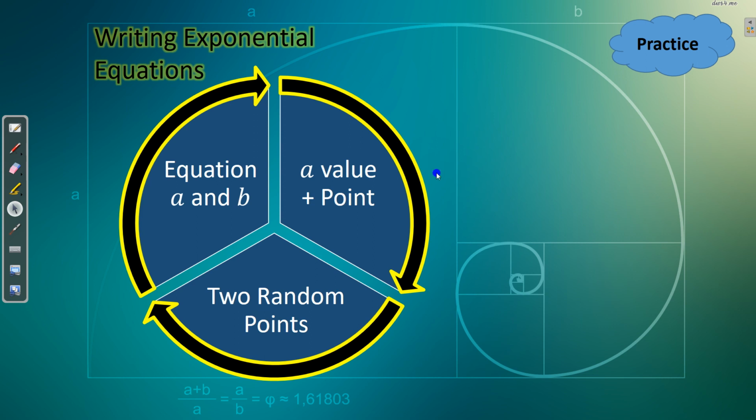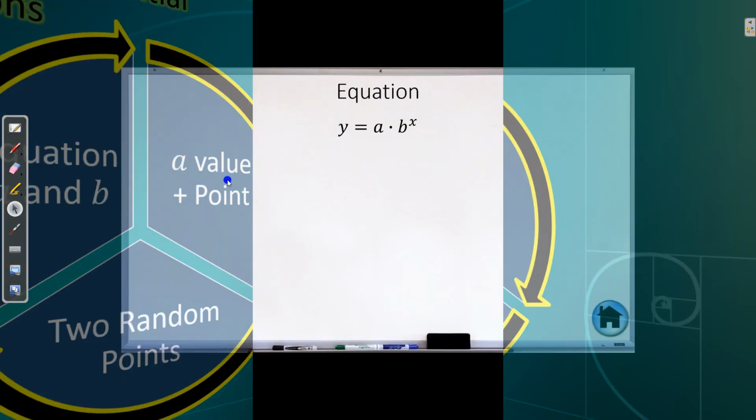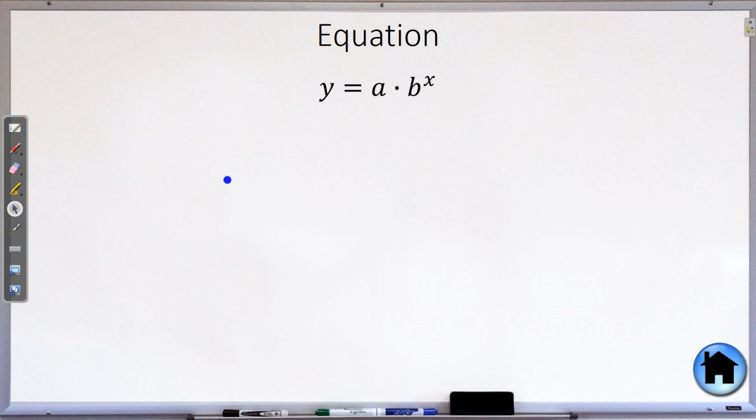So first, let's take a look at that equation one more time so we're familiar with it and we know what we'll be working with. This is the basic equation that we're going to be working with over and over again. Remember that the A value is what you start with, and your B value is 1 plus whatever percentage you're given.